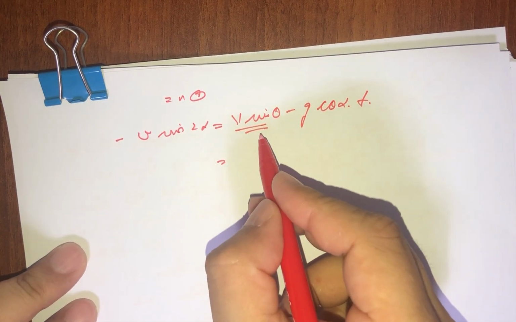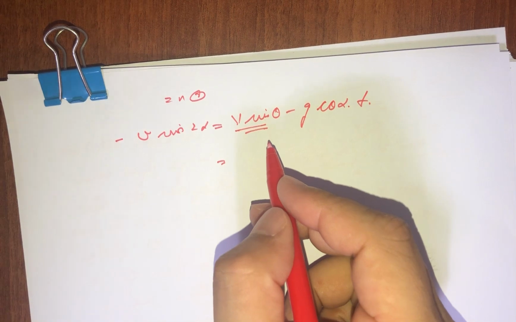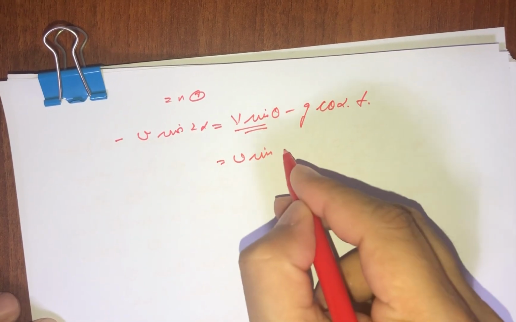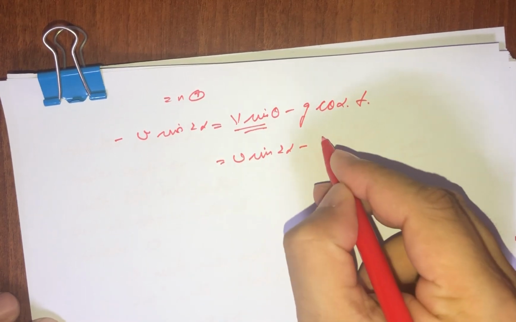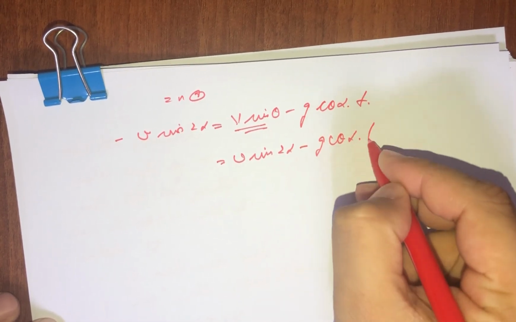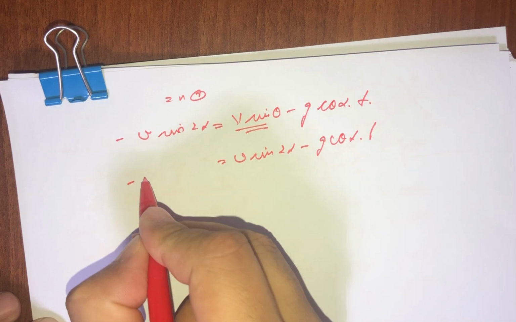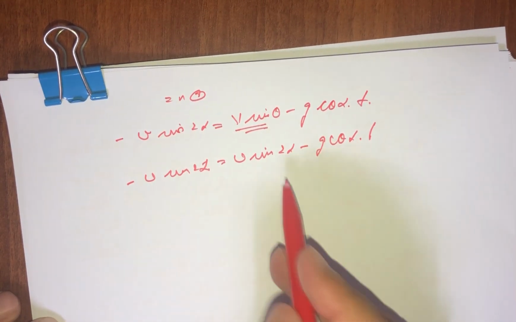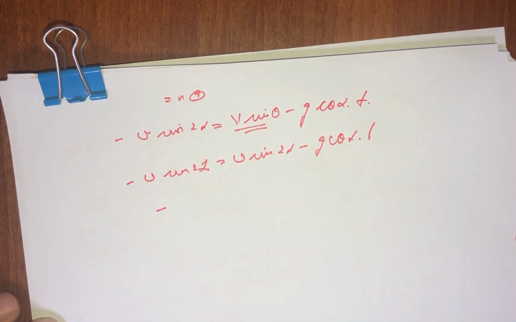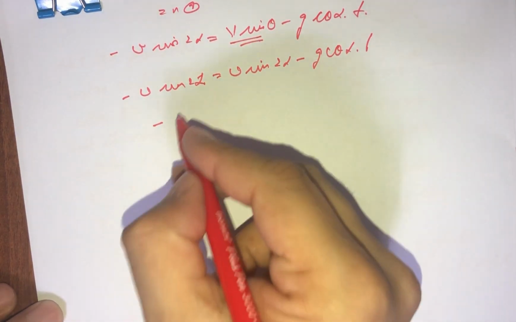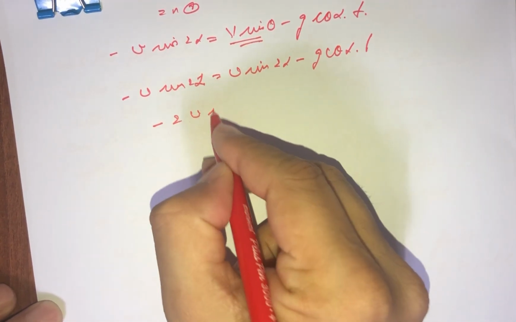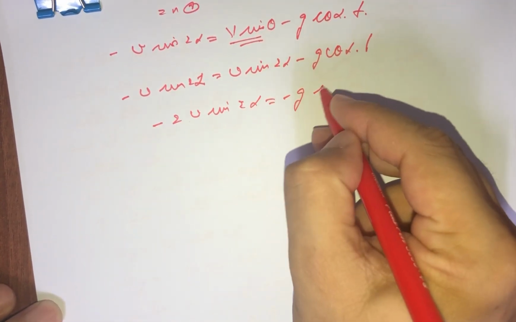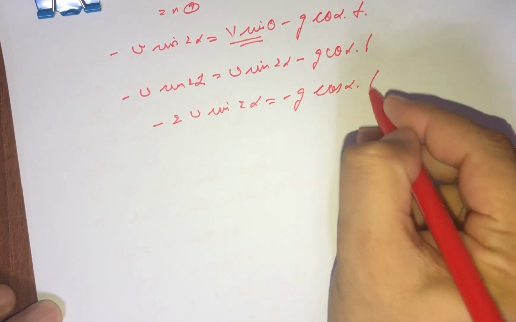So v sin theta is nothing but v sine 2 alpha. This will be cos alpha into t, and this will be minus v sine 2 alpha. So this will be coming as minus 2v sine 2 alpha is equal to minus g cos alpha multiplied by t.